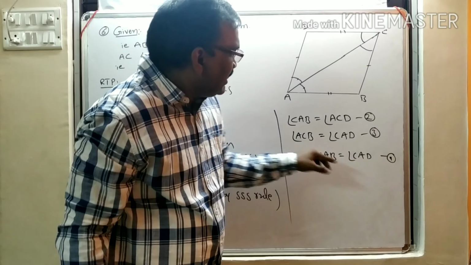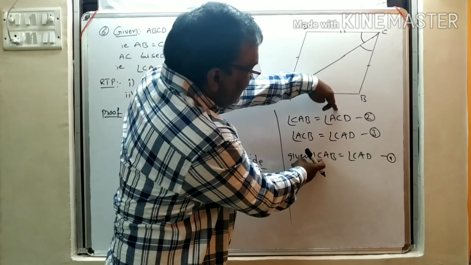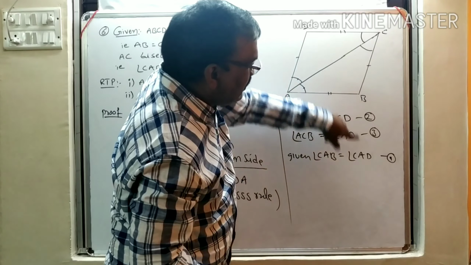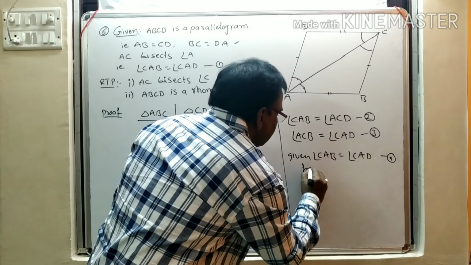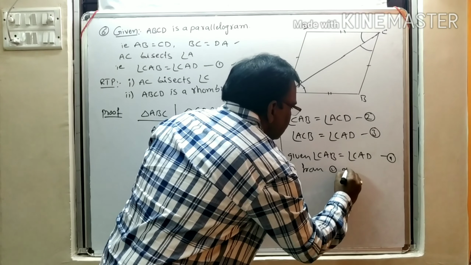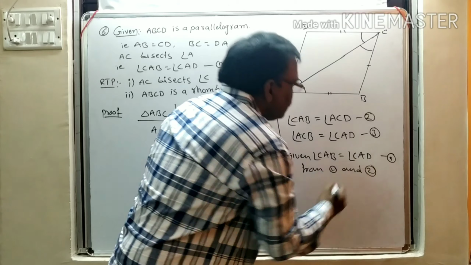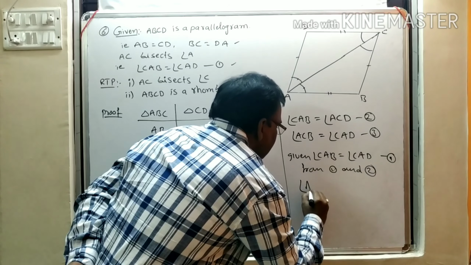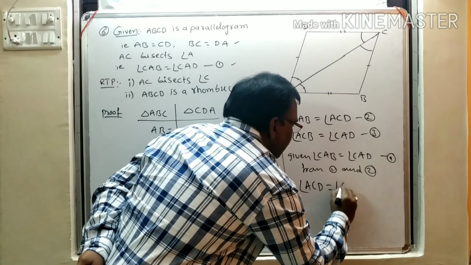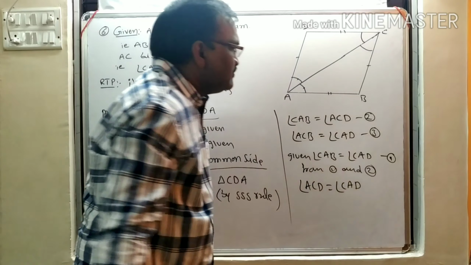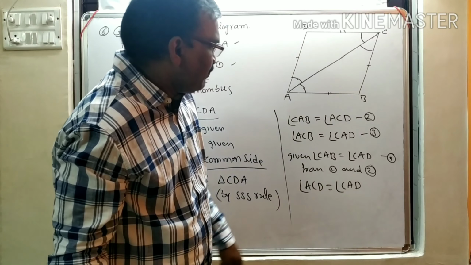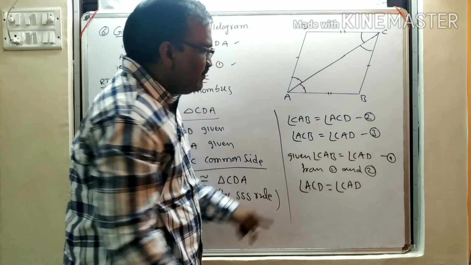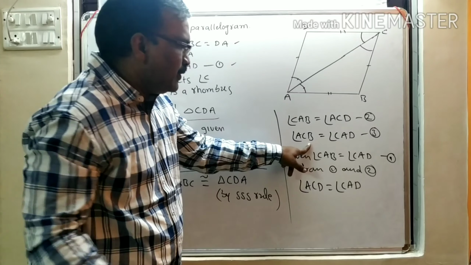From 1 and 2, what can you write? Angle CAB is equal to angle ACD, and angle CAB is equal to angle CAD. So angle ACD is equal to angle CAD. But what is angle CAD? That is angle ACB.